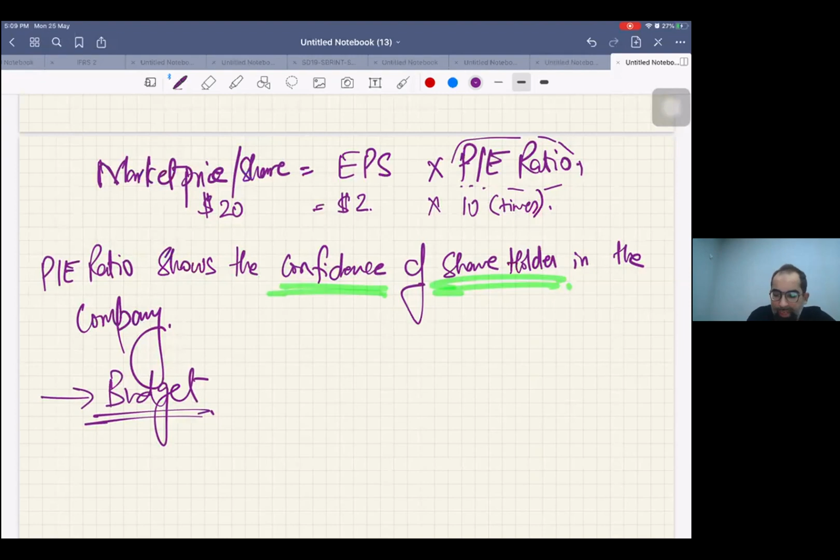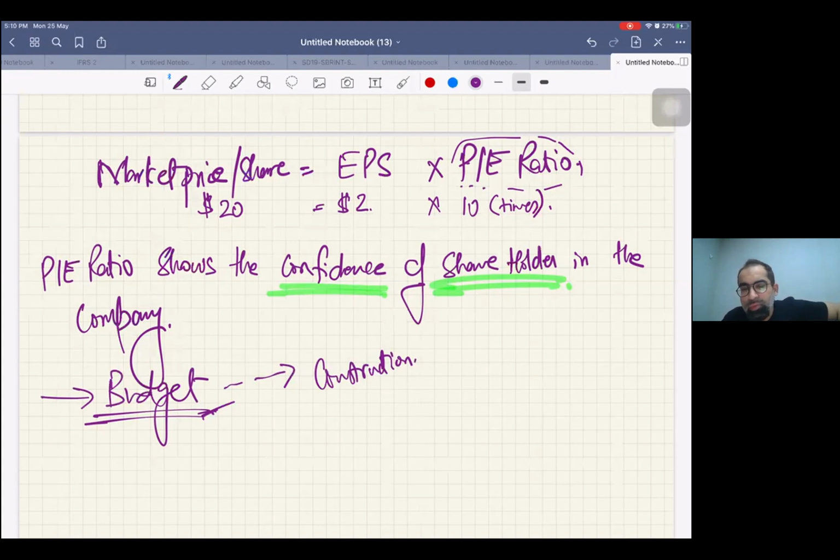Sometimes it happens that in the budget, which is for the next fiscal year, the government indicates that we will be spending too much on construction.